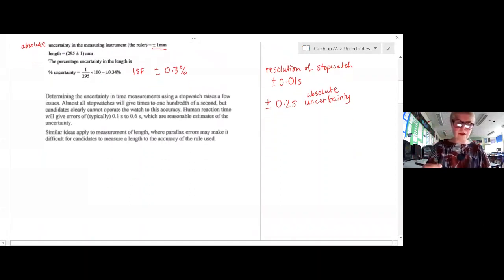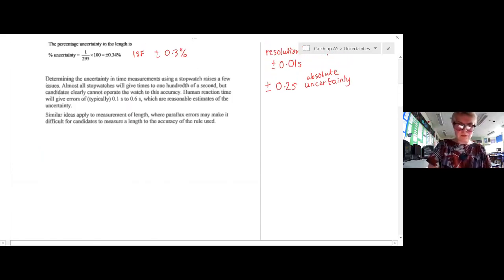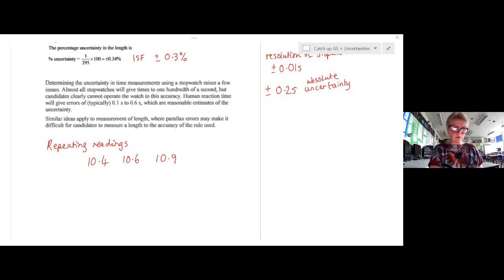But let's have a series of times. Let's do repeated times now. Okay, repeated readings, and give you an example. All right, so let's say I timed some oscillations and I got 10.4, 10.6, and I got 10.9. Okay, from that, to get the absolute uncertainty, I would have to do half the range.